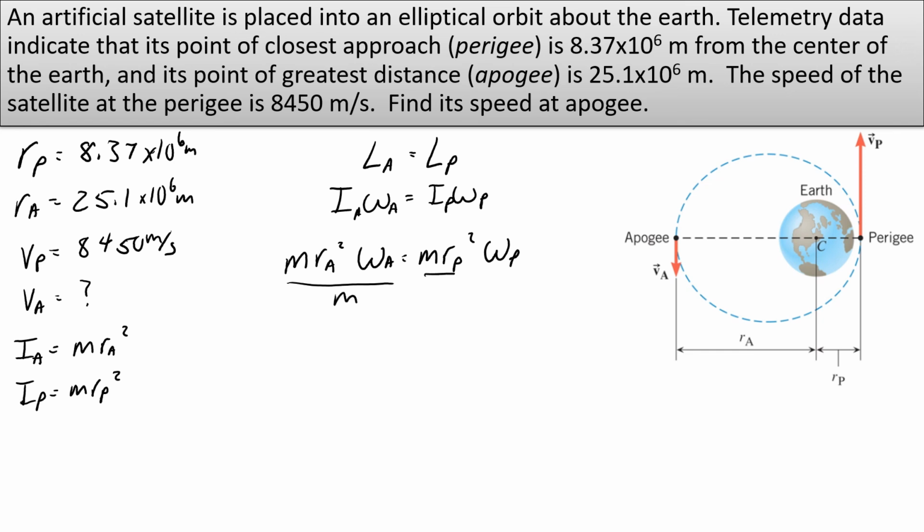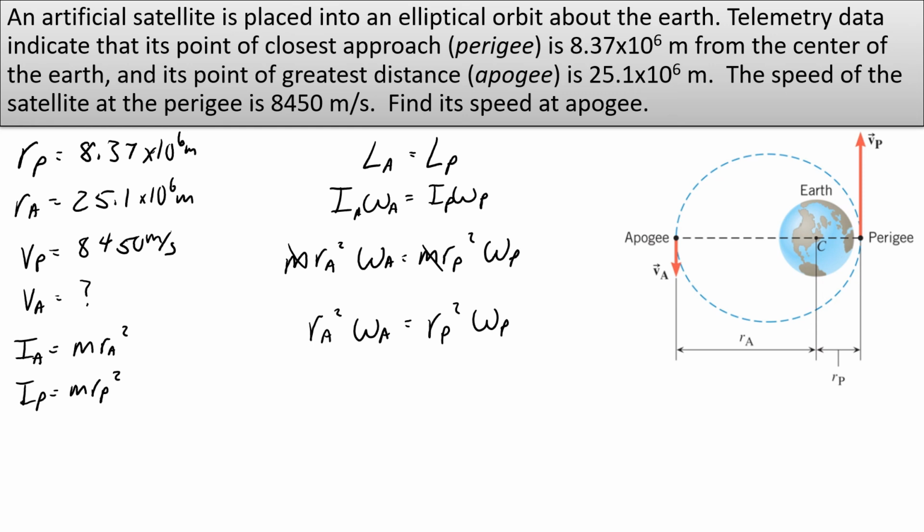Whatever you do to one side, if you do it to the other side, all the terms, then the equation holds true. They're still equal to each other. So we can divide this out, and then we're left with something nicer: RA squared omega A and RP squared omega P. You could have waited to cancel out until later, but when I see that, I want to get rid of it.